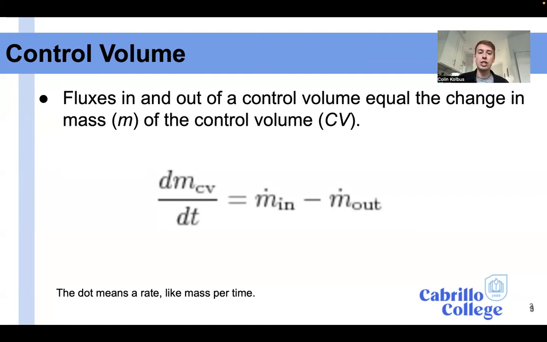And so this change, dm over dt, that's a derivative. This is a change in mass of our control volume over a change in time. The change in mass of our control volume over a change in time is equivalent to the mass inputs of that system. The dot means it's a rate, so it's a change in mass.